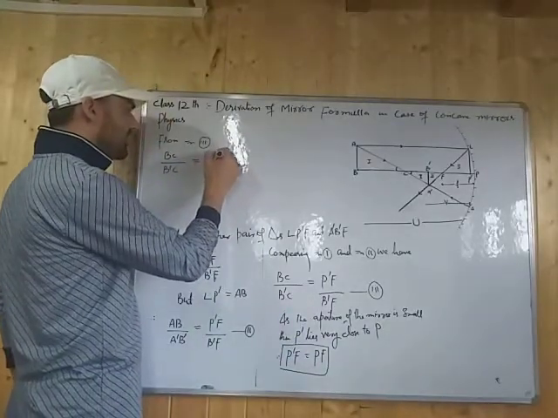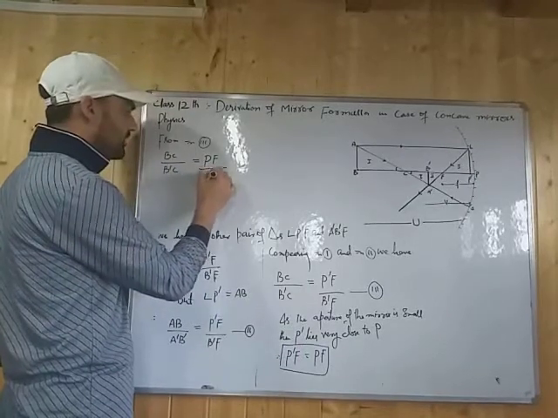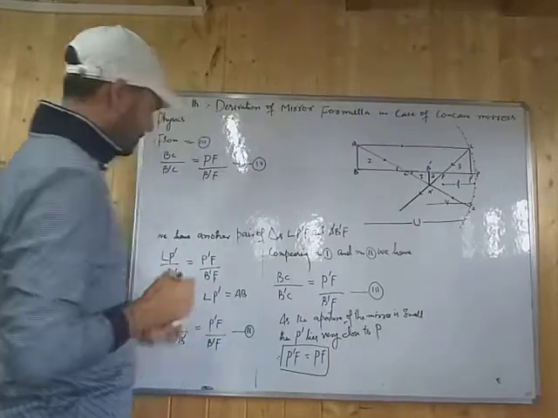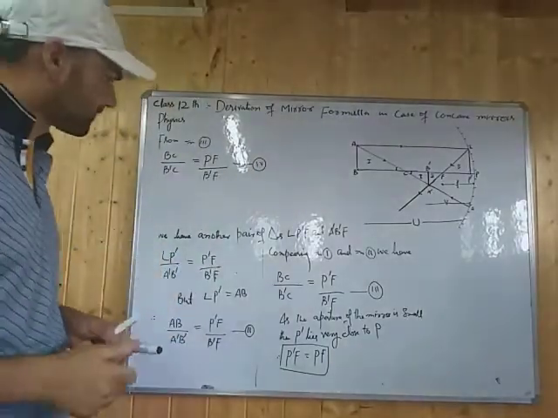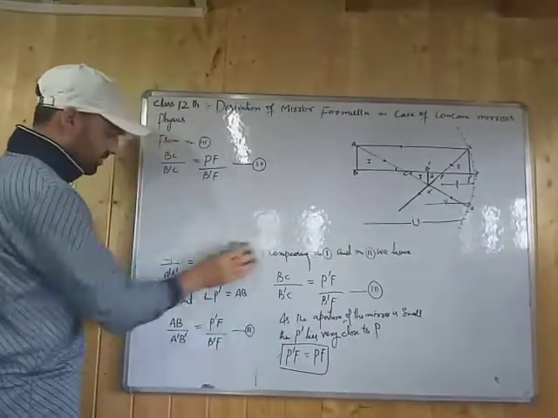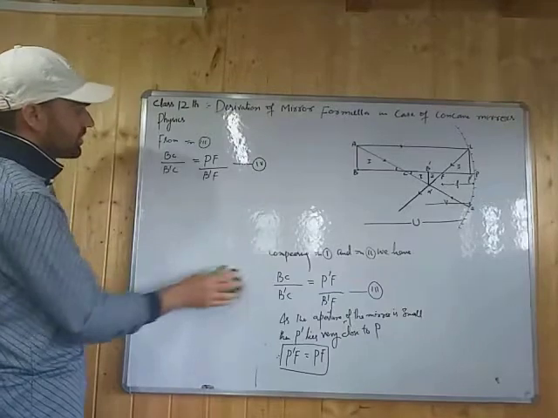So it is PF divided by B dash F. This is equation fourth.